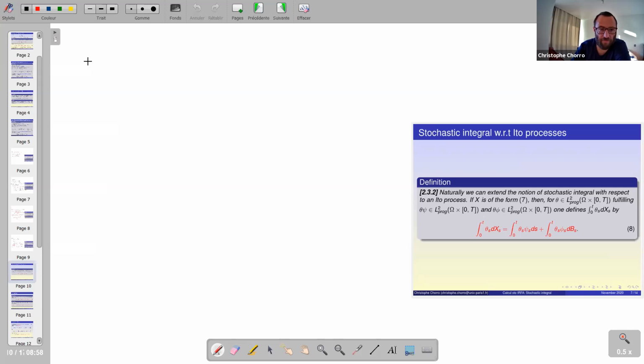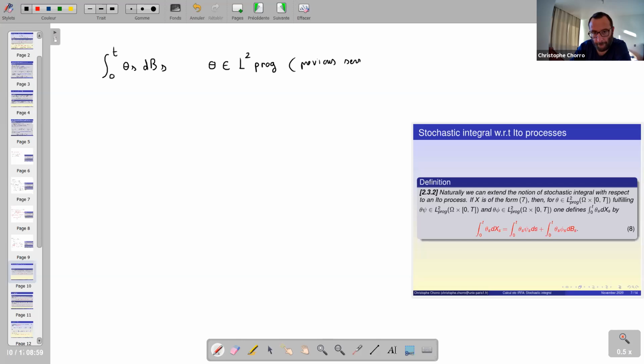I have defined this kind of object here. We have defined in the previous session this kind of stochastic integral for theta belonging to L2 prop.